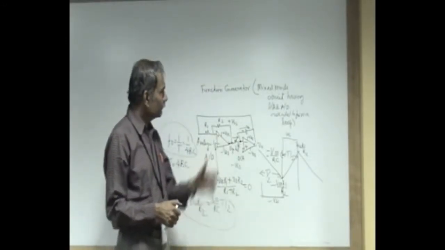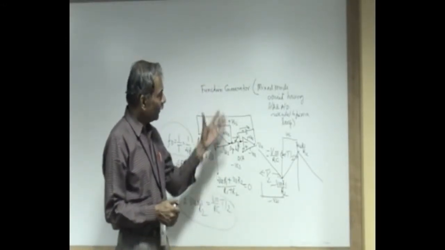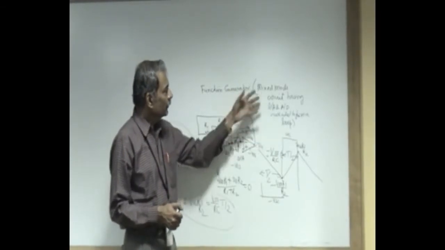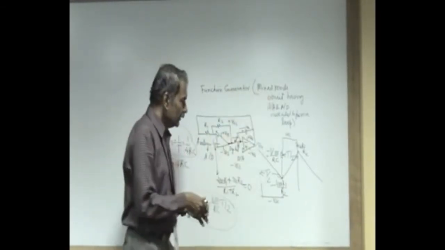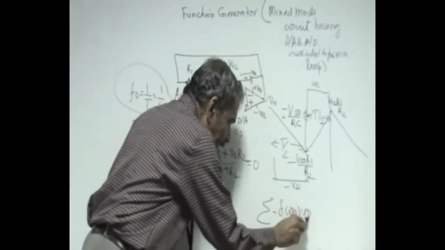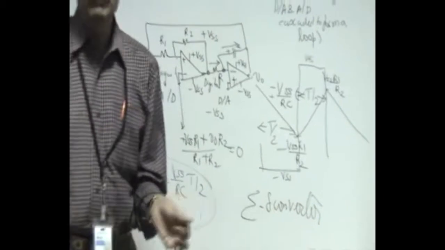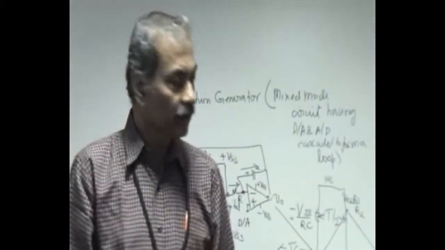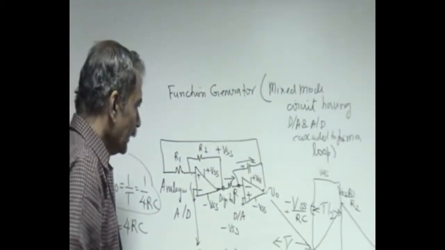Further, it has plenty of use as a mixed mode loop in what are called sigma delta converters, which is one of the most important mixed mode units existing today.